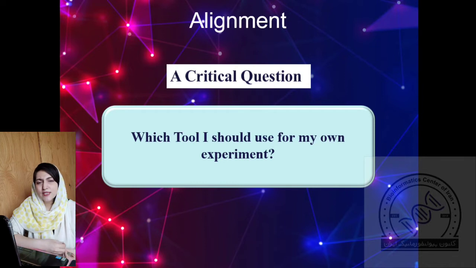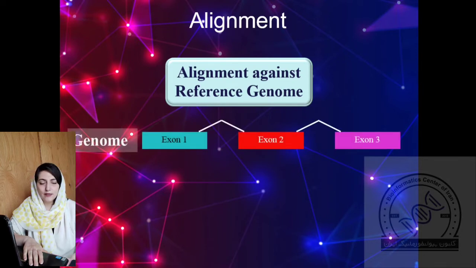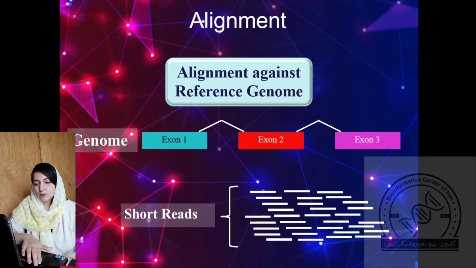us somewhat different results. In alignment against the genome, I assume that I have a gene with 3 exons, and there are introns also in this gene, and I have a lot of short reads. Using an FM index or a suffix array, both of which are sufficient and efficient methods, I align the short reads to these exons.